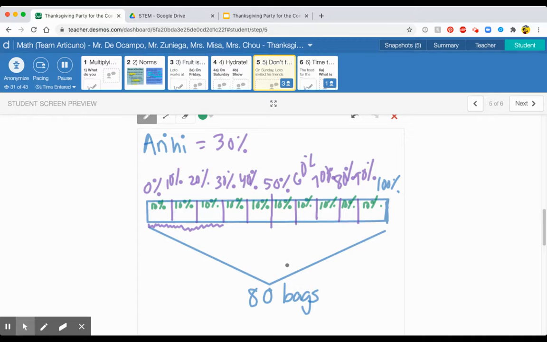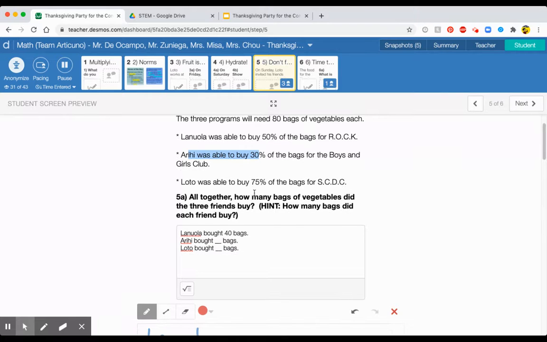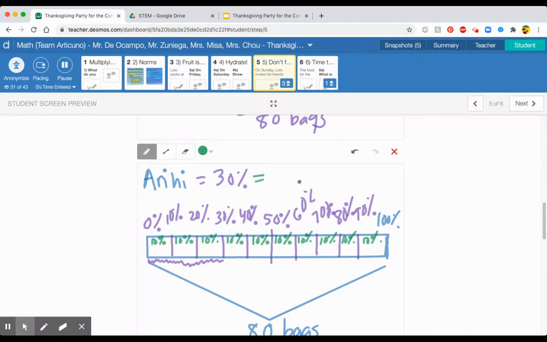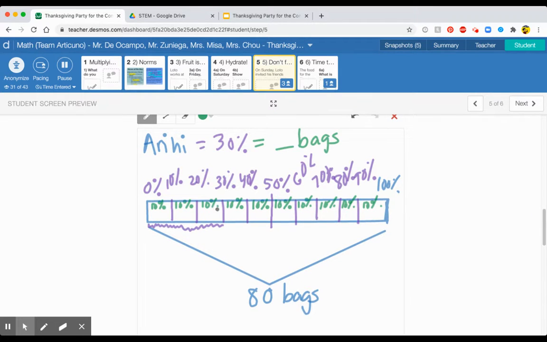Okay? Now, how are we going to know? Wait a minute, we're talking about how many bags, and we want to know how many bags. So the question becomes, how do we know how many bags Arihi had bought? How can we figure this out? How can we figure out 30%?